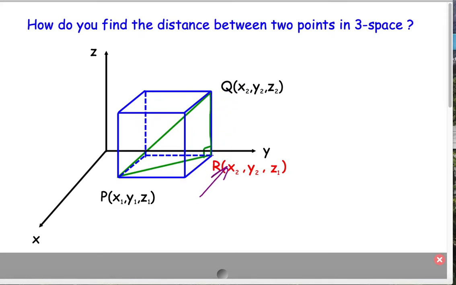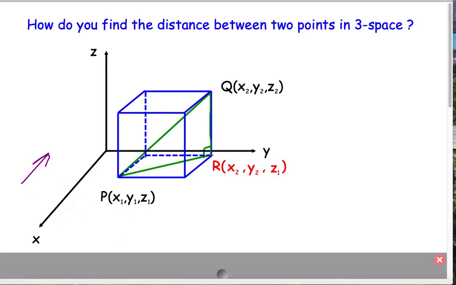So I'm using the same labels here, x sub 2 and y sub 2 for those, but the z values will be different. But notice for here, the z value is going to be the same as for this point P, because the bottom of this box here is a plane that's parallel to the xy plane, and so the z values of those points will be the same. So it's important to understand the connection there.